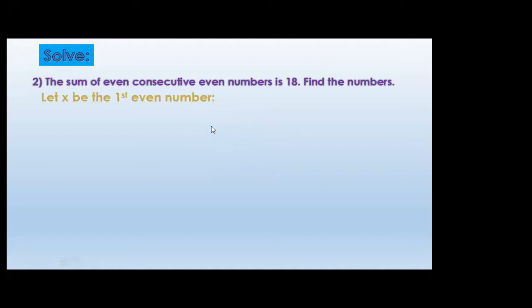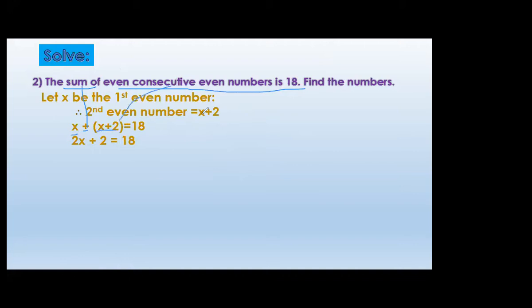If x is the first even number, the second even number is x plus 2. Now what is written in the question? The sum of two consecutive even numbers is 18. So the first number is x, sum means plus, and the second even number is x plus 2. So this is equal to 18.